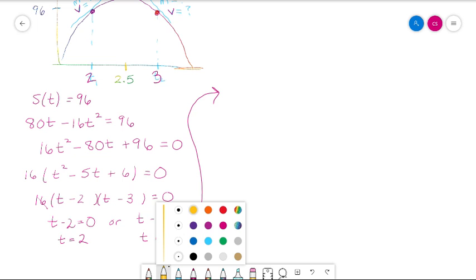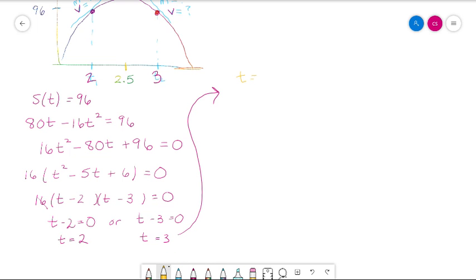Okay, so we know t is equal to 2 and 3 seconds. So we have to figure out the velocity at 2 seconds. Our velocity function is 80 minus 32t. So 80 minus 64 is 16.